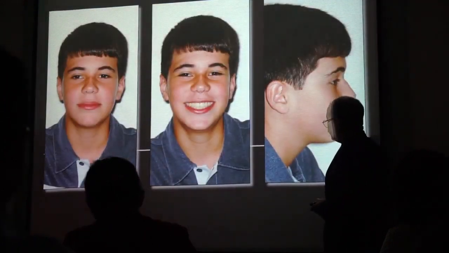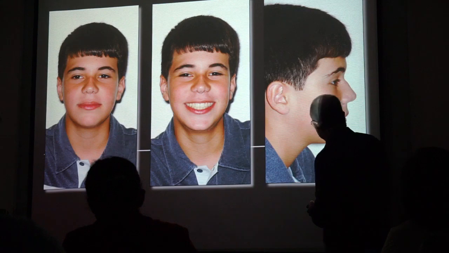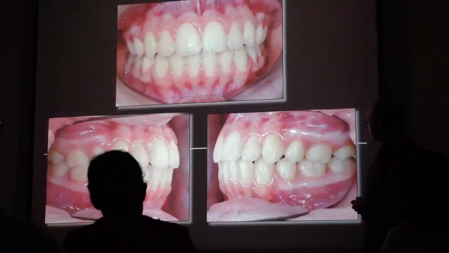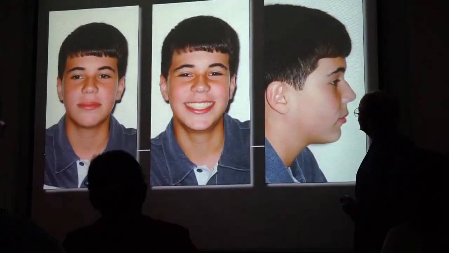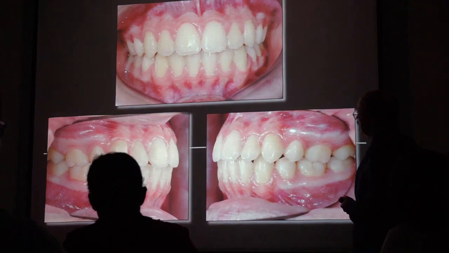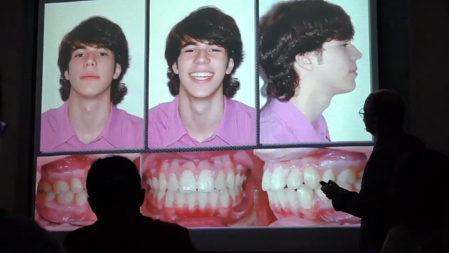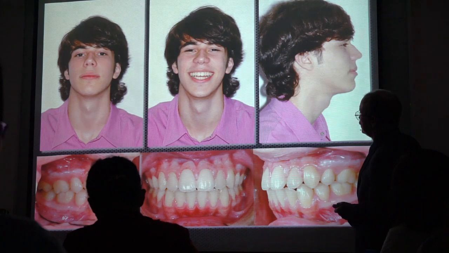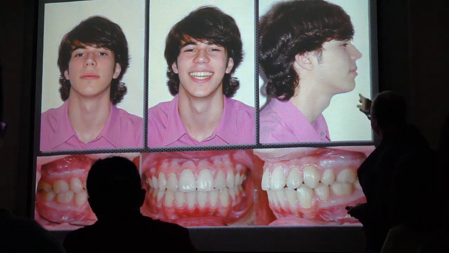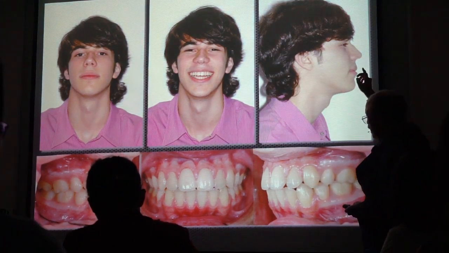This is the kid when he was 15 years, and this is after, the last one. He has a very slight tendency to open bite, but this is the kid at, I think, 18 years.